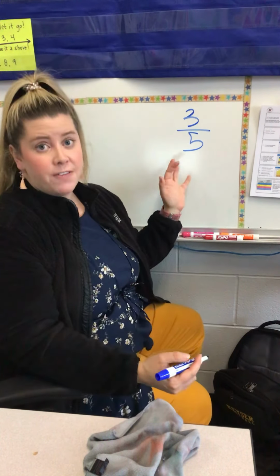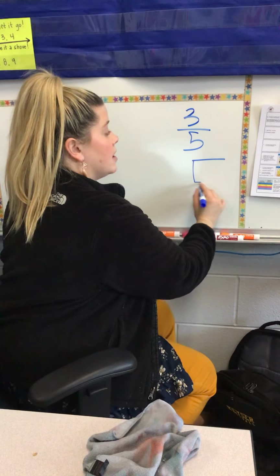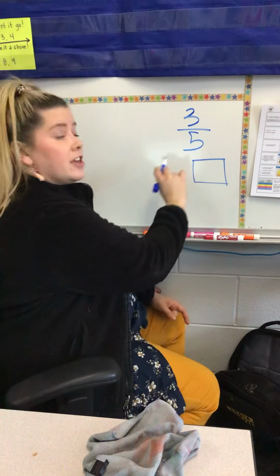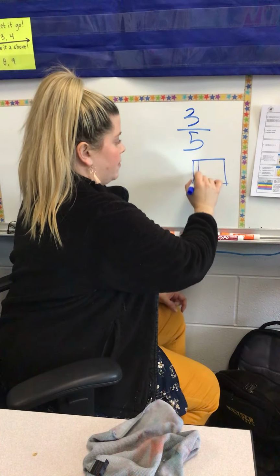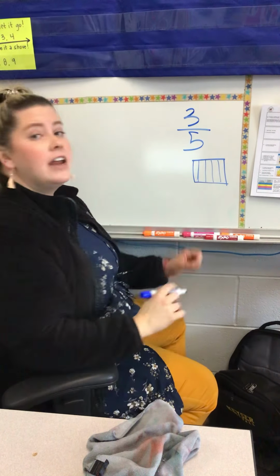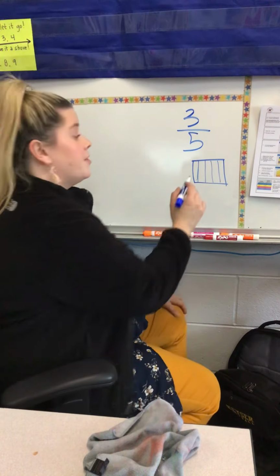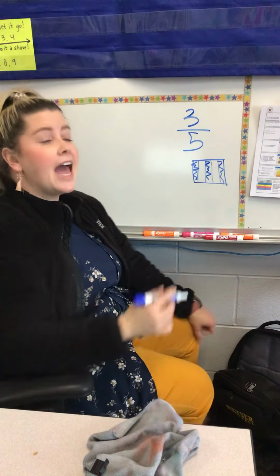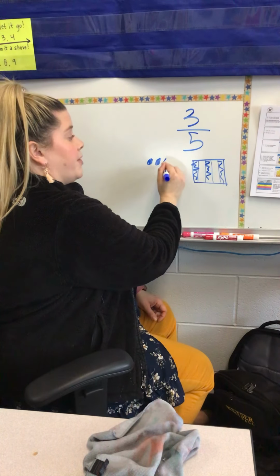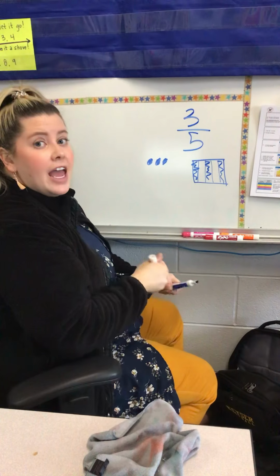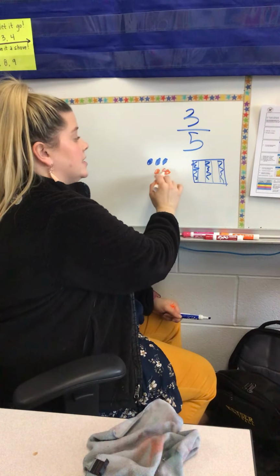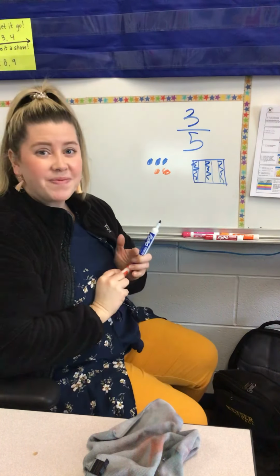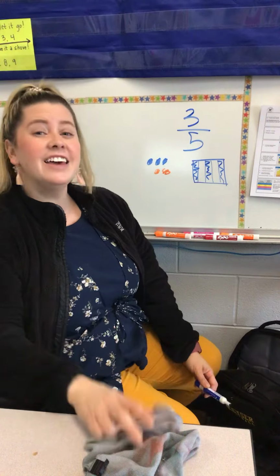So if you drew 3/5 as part of a whole, that means that you drew one shape, you cut it into 5 parts, and then how many of those parts did you shade? 3. Good. If you drew it as part of a set, it might look like this. You would have 3 of one color and 2 of another to give you 5, and then 3/5 of that shape would be blue. So, did you get it? Good. Let's try another.